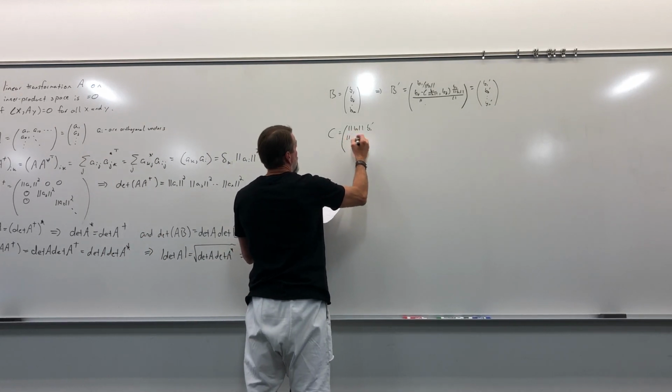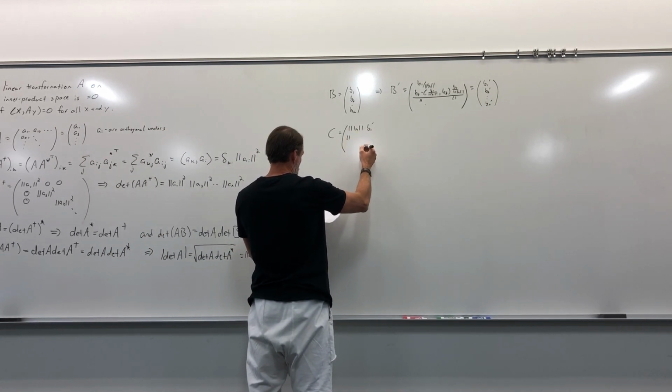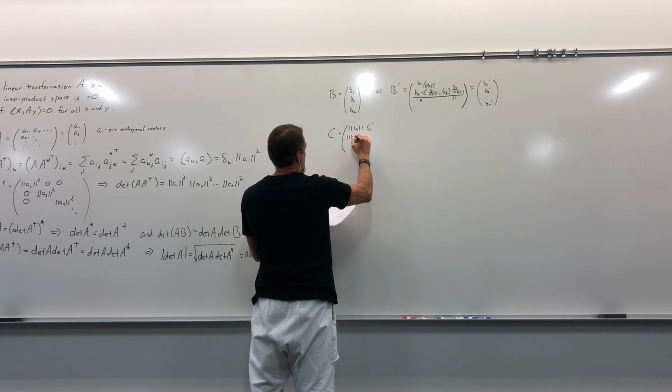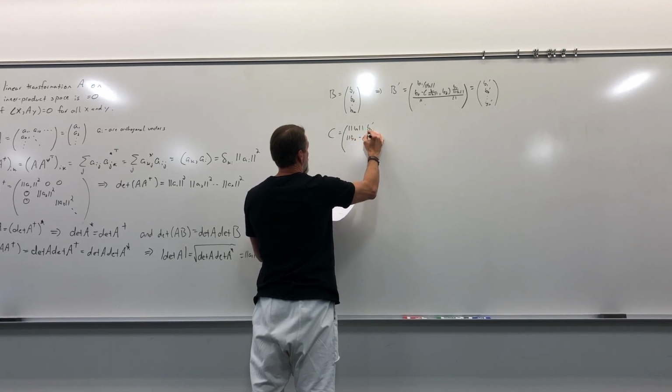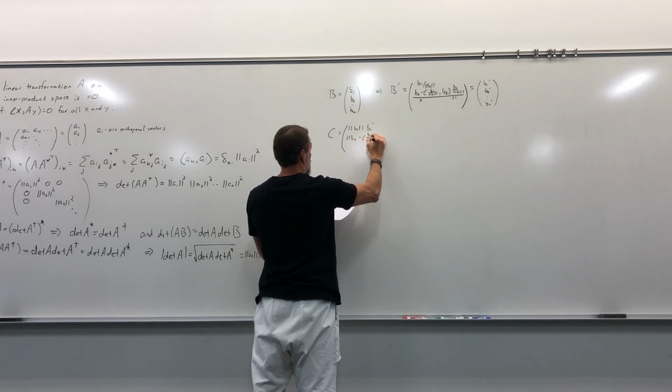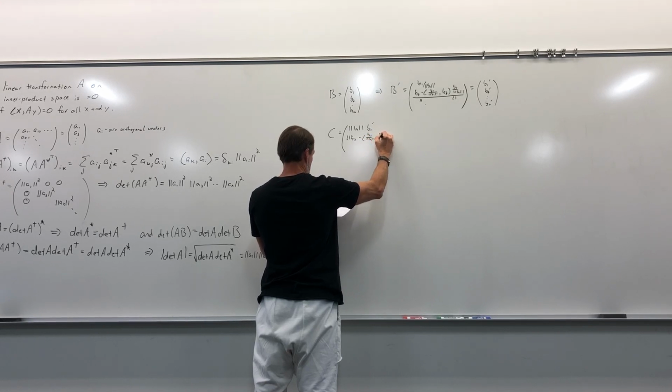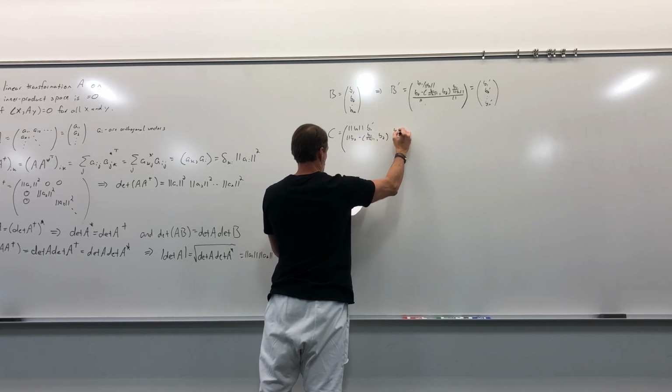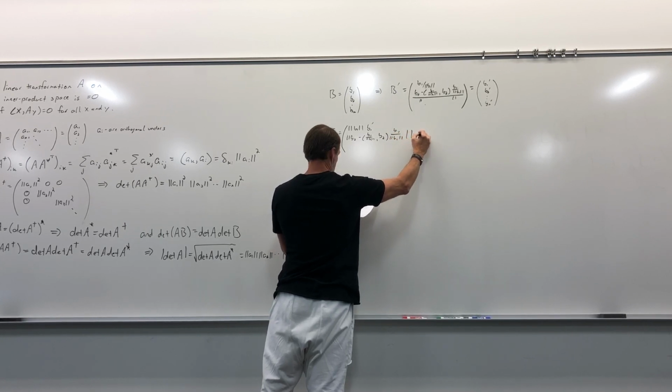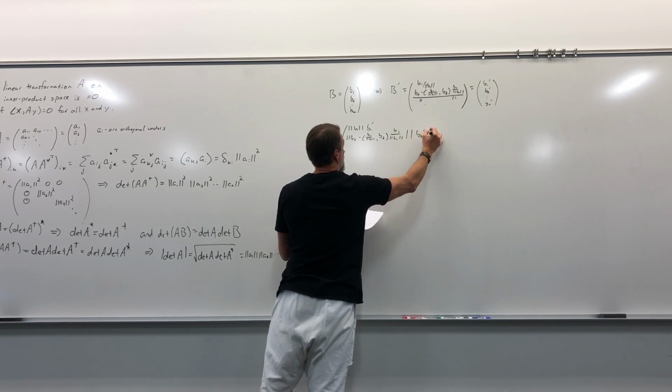So this will be the magnitude of B2 minus B1 over magnitude B1 times B2 prime, et cetera.